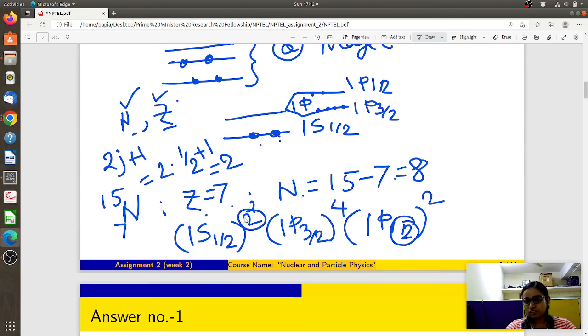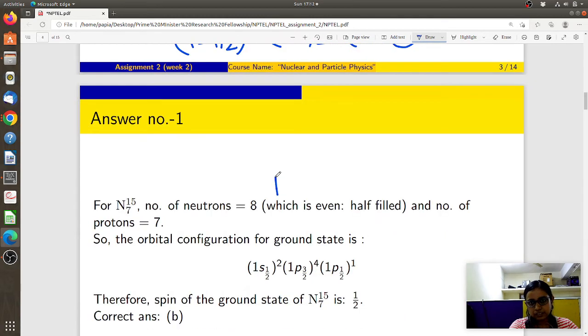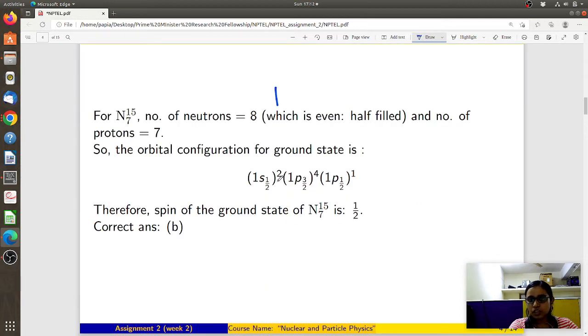The neutron configuration will be 1s 1/2 with 2, 1p 3/2 with 4, and 1p 1/2 with 2. So 2 and 4 make 6 and then 2 more, which is the neutron shell model structure. For neutrons, N equals 8, so it is completely full, with all states filled.